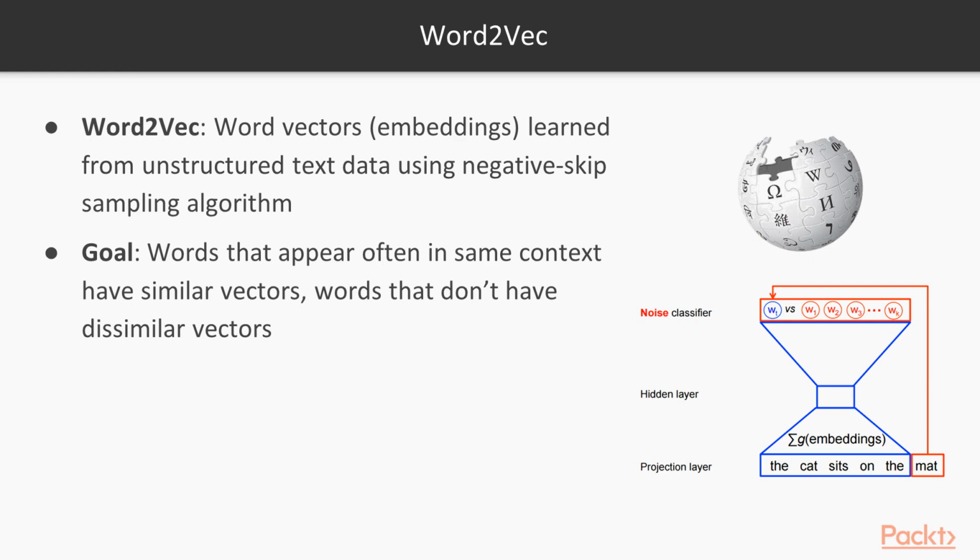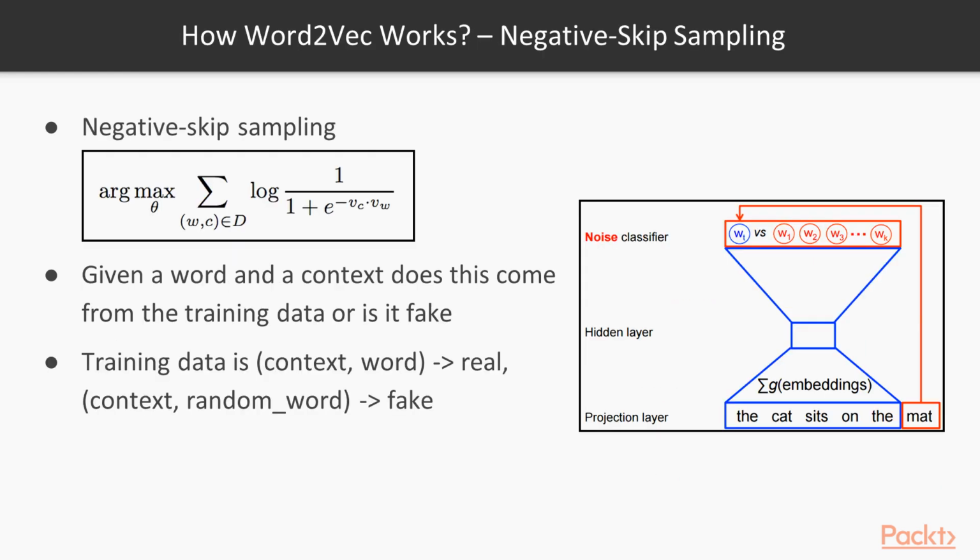have similar vector representations. Where negative skip sampling comes in to actually accomplish this is we have our objective above, and essentially we're trying to optimize our parameters such that our vector representation for the context and the vector representation for the word align.